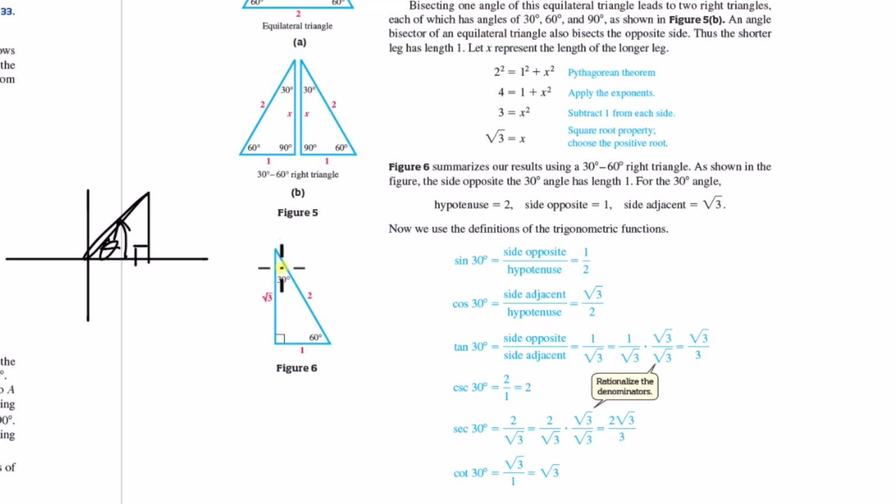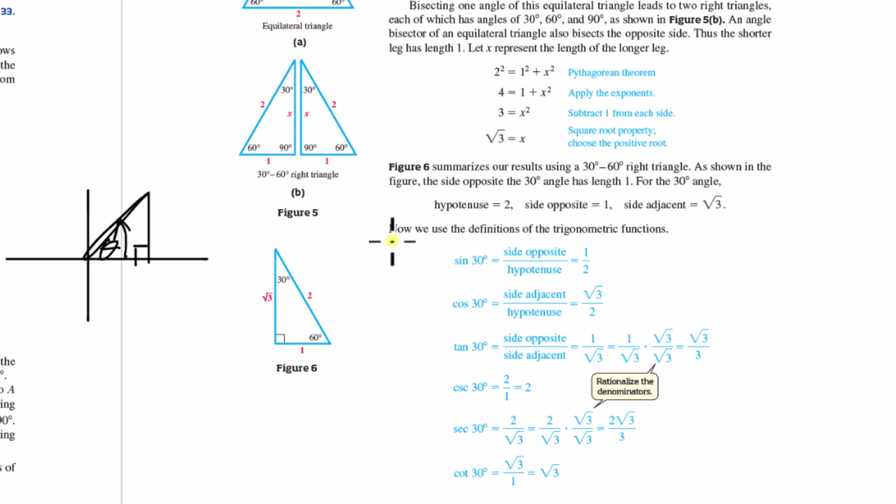So if you have a 30, 60, 90 triangle and you know the long leg is equal to 5, let's say, well, then you know the hypotenuse is going to be 5 times 2 over root 3. That's the idea. And then you know that the short leg is going to be half of the hypotenuse. So if you have a 30, 60, 90 triangle and you know the hypotenuse length, it doesn't have to be 2, just divide that by 2, and that's going to be equal to the length of the short leg. That's the idea.